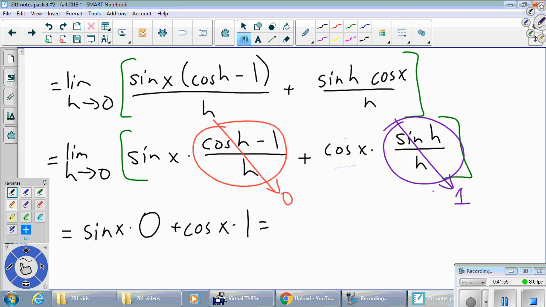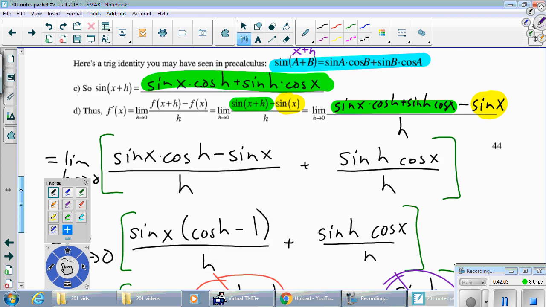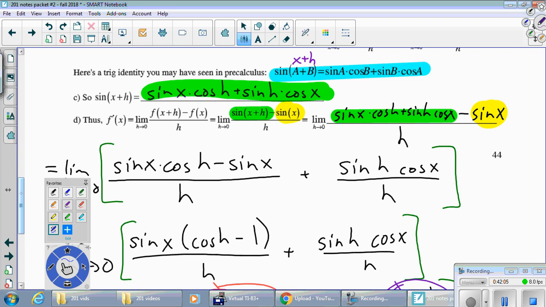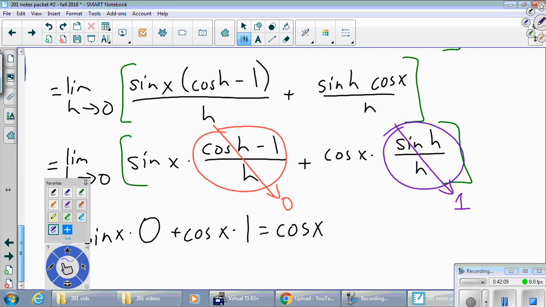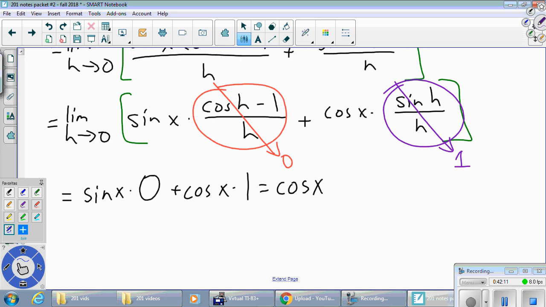And so the sine vanishes, and cosine of x times 1 is just cosine of x. And remember, the very first thing that we started with in this long calculation was f prime of x. That is the derivative of sine, is what we have been calculating this whole time. And so the derivative of sine of x, indeed, is cosine of x. You can prove that the derivative of cosine is negative sine doing a similar thing. We're not going to do it here.